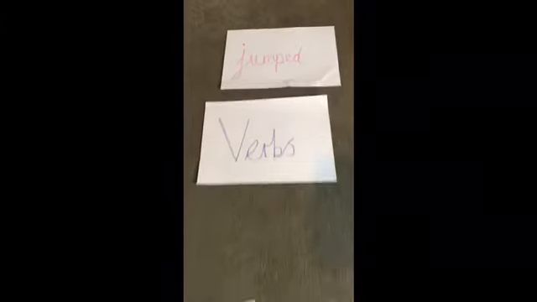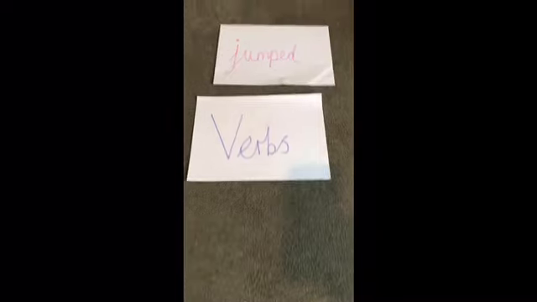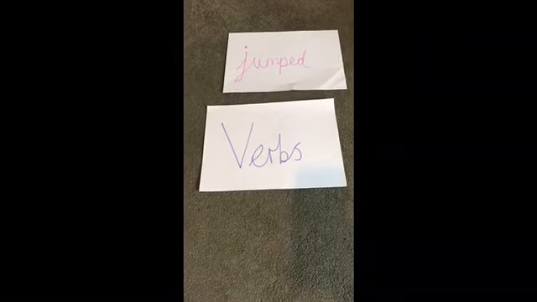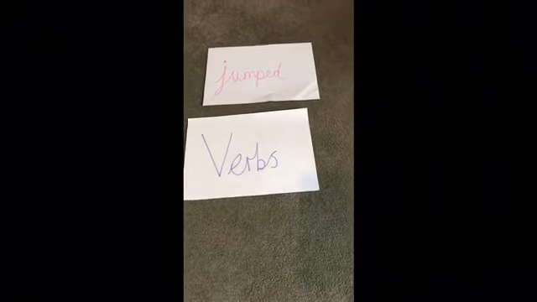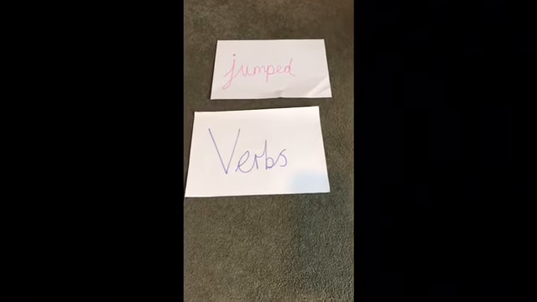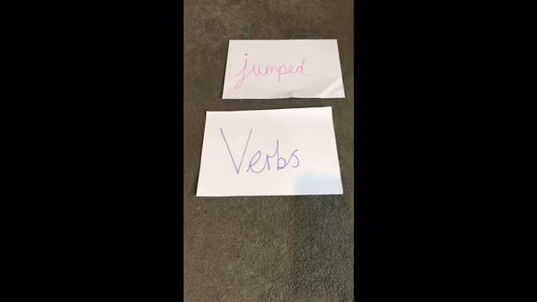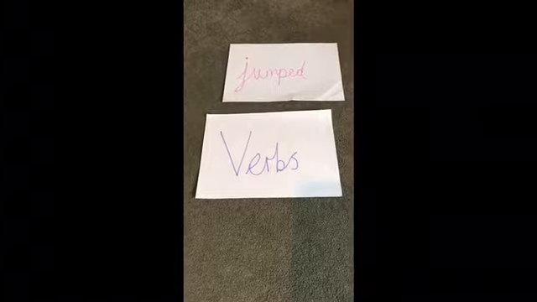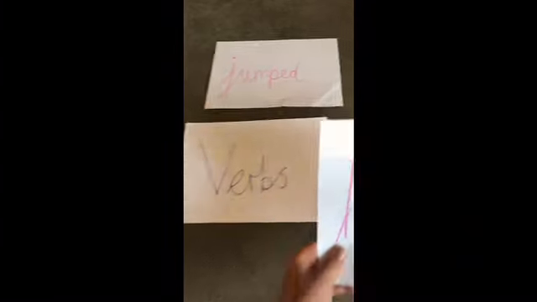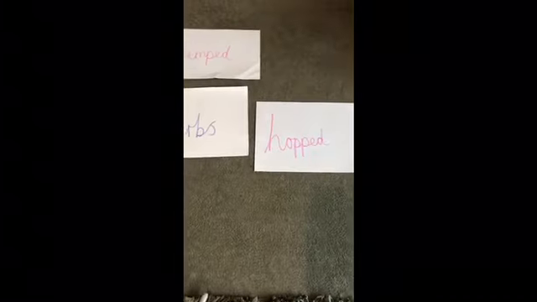The first one I've got is jumped, because if you jump, it's a doing word, and I've made it past tense, so I'm saying Miss Palmer jumped across the playground by adding ed, and in that word the rule is that we just add the ed to the end. Another one I've got is hopped, okay?